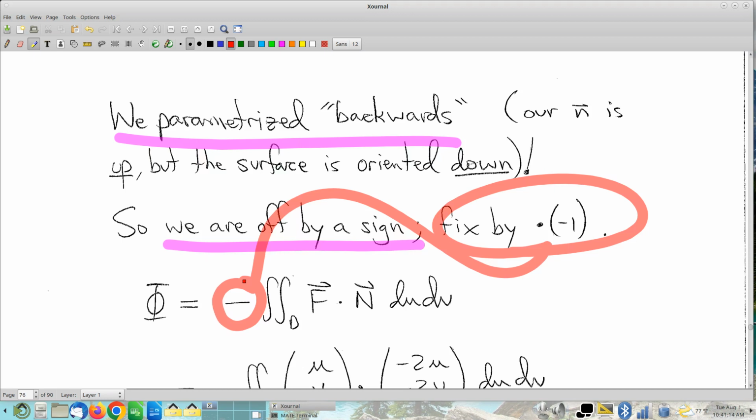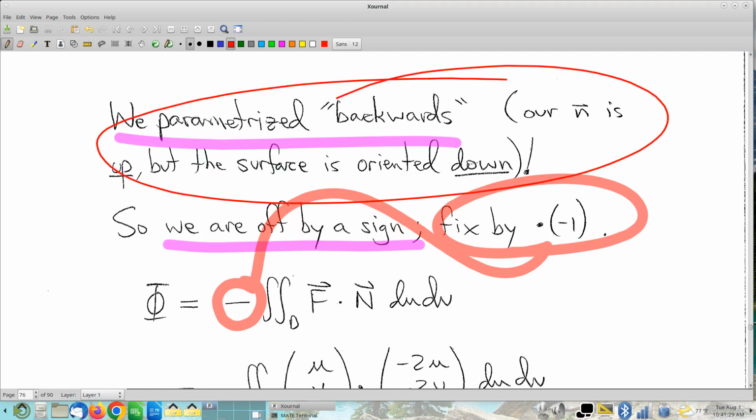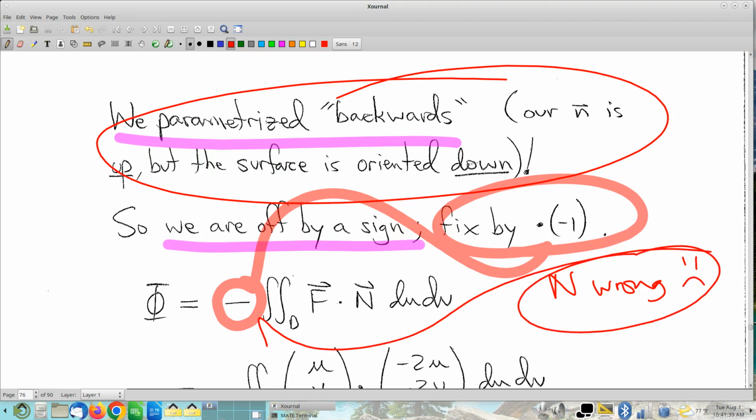And look, you should also annotate. You should always explain your reasoning. And so, you would want to write something on the side here. I wrote a lot of words here. You don't have to write all that, but you can say normal vector in wrong direction, frowny face, minus sign, point, good, full credit, you're good.